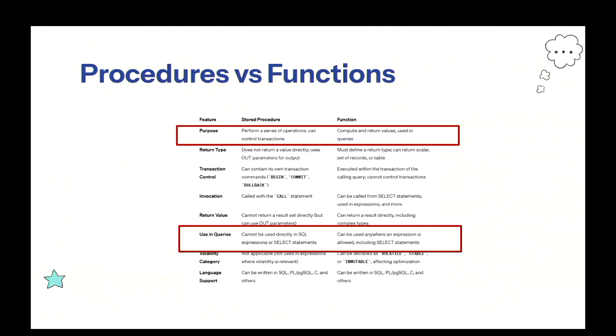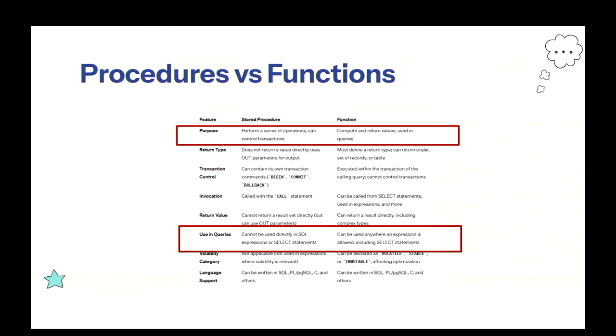The second one follows from the initial purpose. Since stored procedures are not expected to return any value, we use the keyword call to invoke them. Inside the procedure, we can do update, we can do delete, so we don't need to return anything.